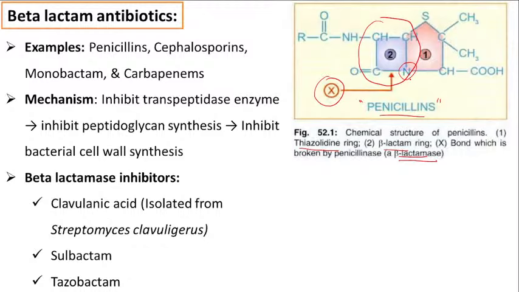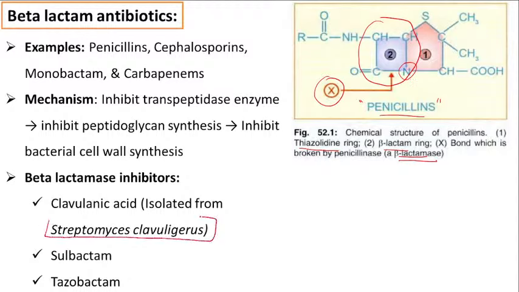Which ones are they? Clavulanic acid, yes. Next, sulbactam, and the third one is tazobactam. Sulbactam and tazobactam are semi-synthetic derivatives, while clavulanic acid is isolated from Streptomyces clavuligerus. So this is an antibiotic, because it is isolated from an organism, while these are the two semi-synthetic derivatives. Beta lactamase is the enzyme which destroys beta lactam antibiotics. So which are the three beta lactamase inhibitors? Clavulanic acid, sulbactam, tazobactam.